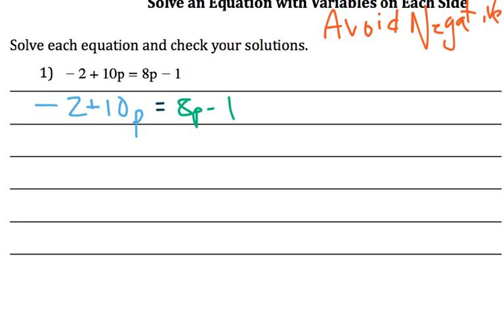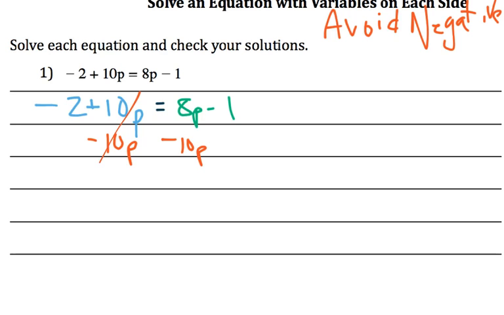And the same way as before, if 10p is over here, I can't solve for p until I get all the variables with p on the same side. So let's see what happens if I were to subtract 10p below here. I write it below 10p, but I would also write it below this 8p over here.